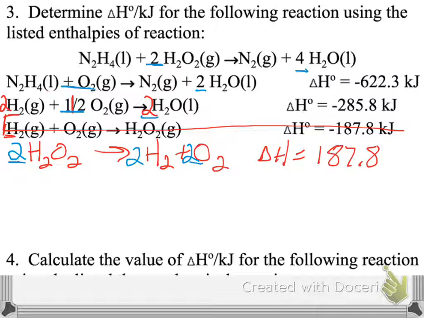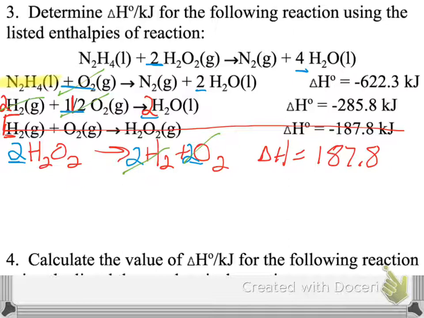Now I go ahead and I'm going to go through and see what can I cancel, what can I not cancel. Well, I look, I have 2 hydrogens, those cancel. 2 oxygens, 2 oxygens, those will cancel. Now I go through, I'm going to check my remaining elements.